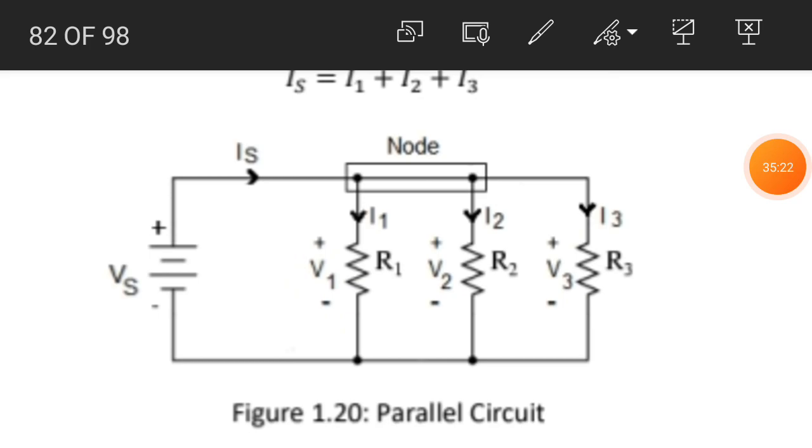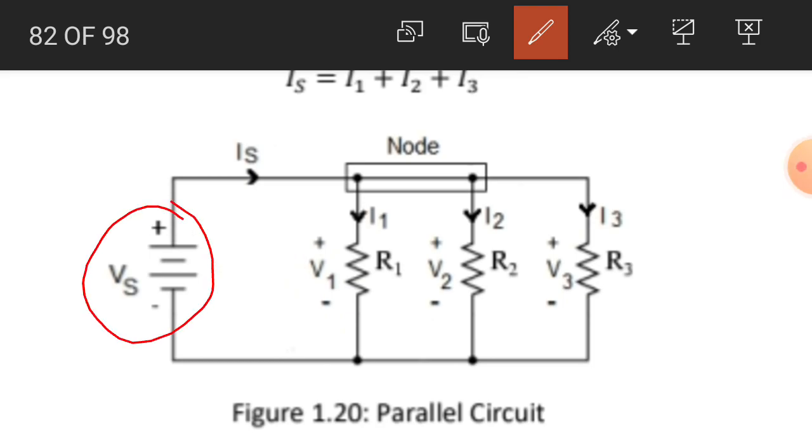We consider this parallel circuit once again. There is an active circuit element in the entire circuit, which is the voltage source, and we know that the voltage source delivers energy to the entire circuit. There are three passive circuit elements in this parallel combination: R1, R2 and R3.